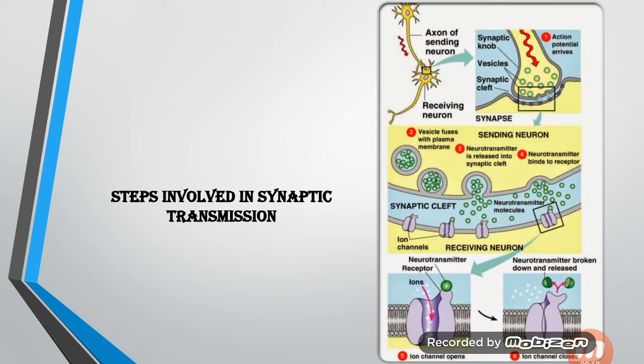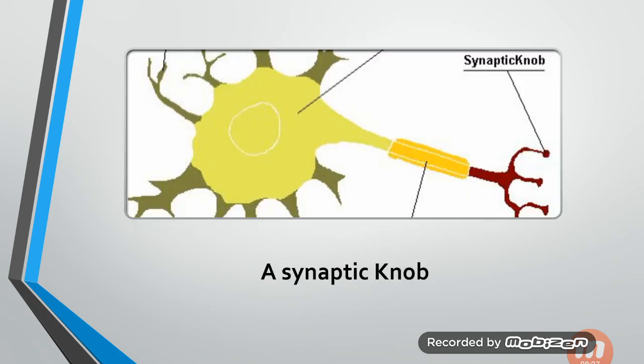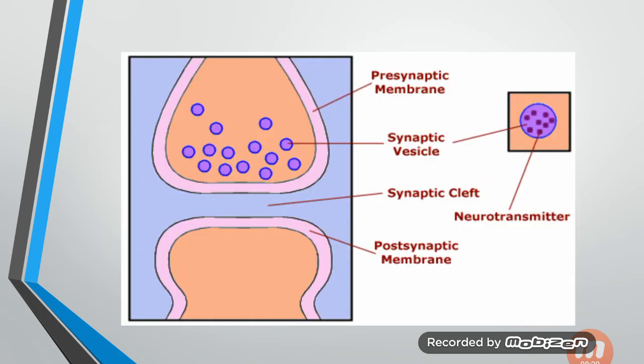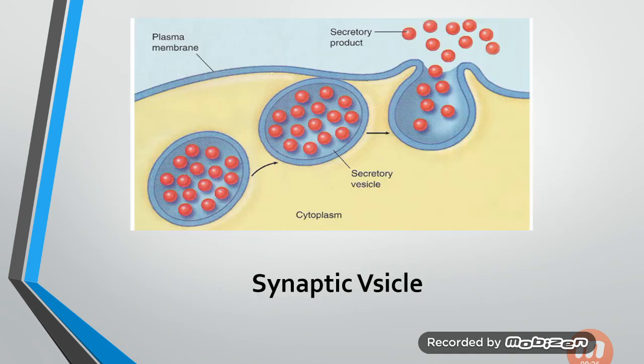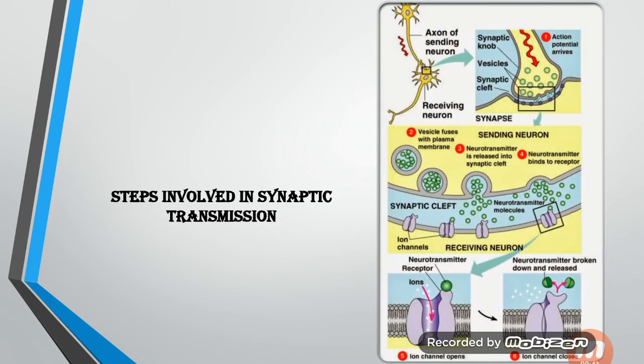In the second step, the neurotransmitter vesicles fuse with the plasma membrane of the transmitting cell, just like this. Now in the third step, the fused vesicles release their neurotransmitter molecules into the synaptic cleft, which has been shown in green color in the diagram.